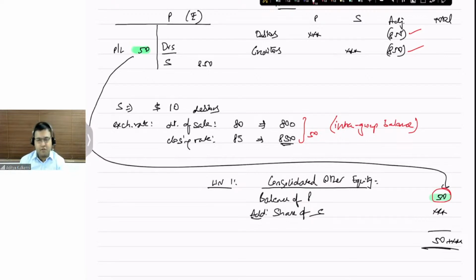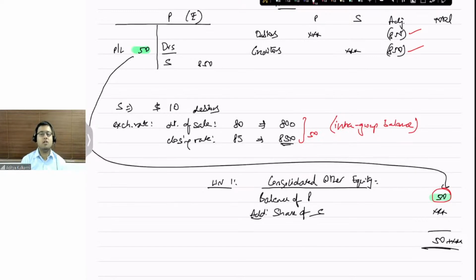Suppose if this 50 were to be a loss of 40, that would represent the group's risk. It is carrying that risk in its balance sheet by holding the intra-group balances. It is a risk to the group as a whole. Doesn't matter whether it's in the parent or with the subsidiary.